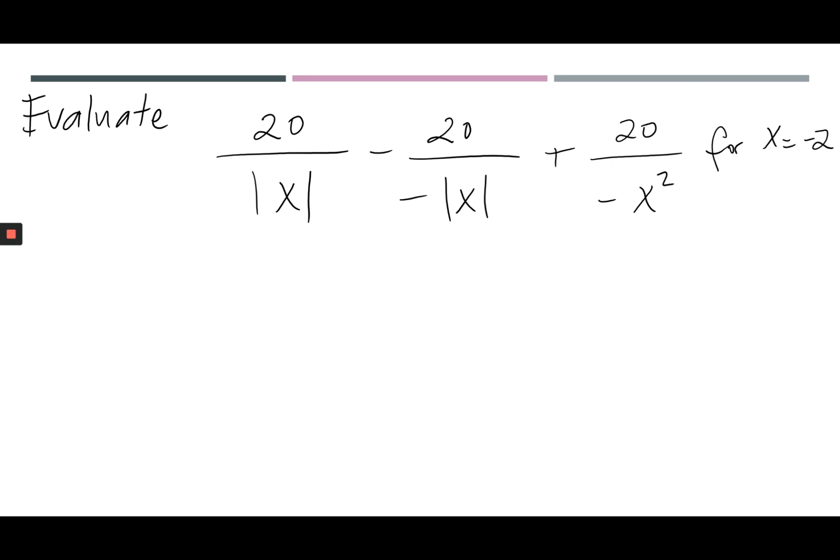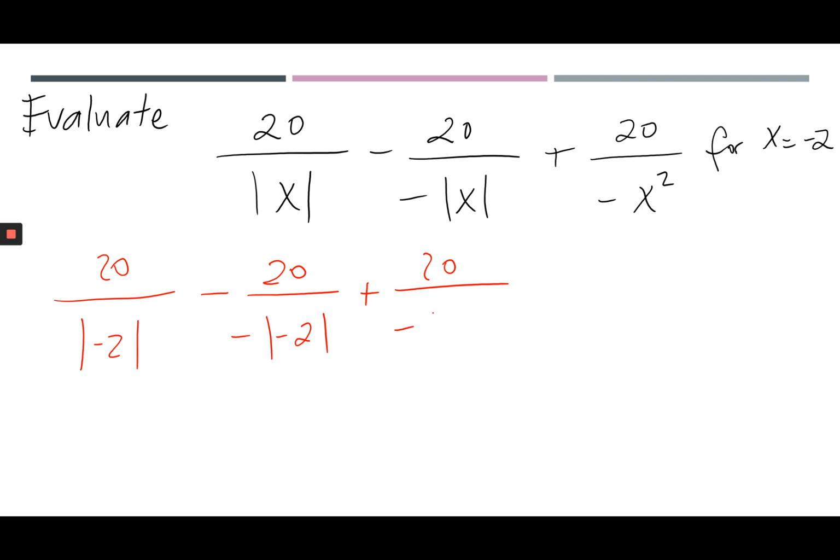x is negative 2. 20 divided by absolute value of negative 2, minus 20 divided by negative absolute value of negative 2, plus 20 divided by negative 2 squared. First, let's address this.